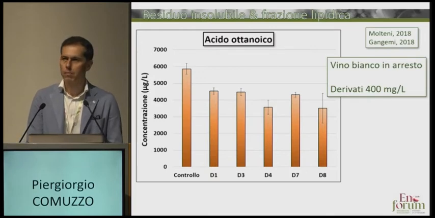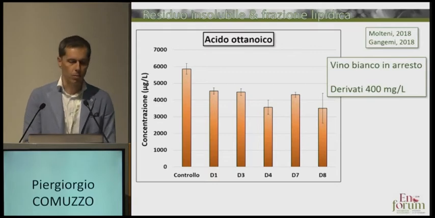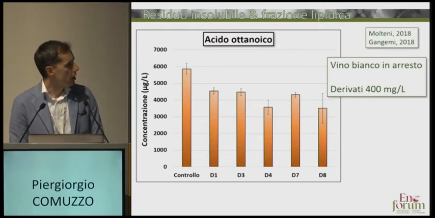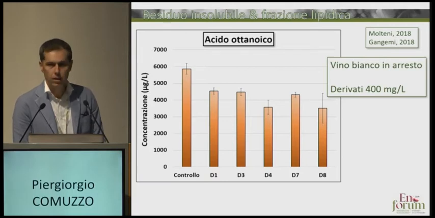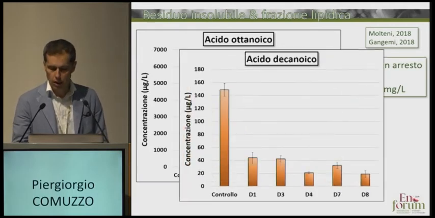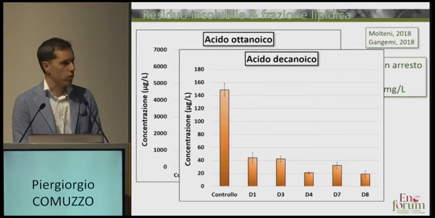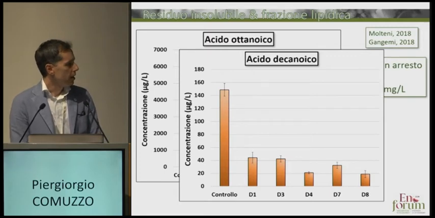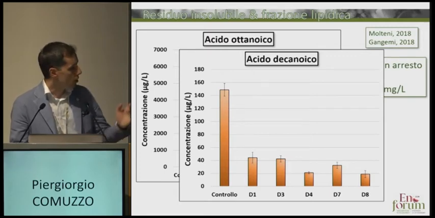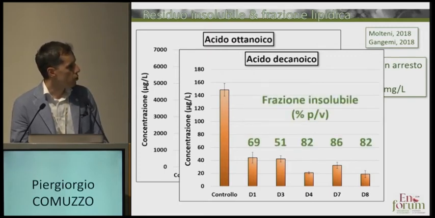And now let's look at the insoluble residue. This is very important because you reduce fatty acids, and we can see that the 5 commercial derivatives can reduce the content of octanoic and decanoic acids. Why are some products more effective and some less in terms of reduction?